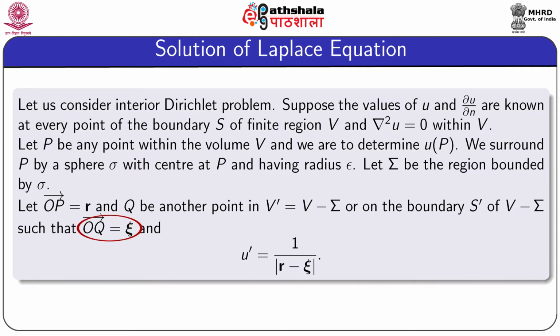Now OQ is the vector chi, and we choose u dash as 1 by mod of r minus chi.